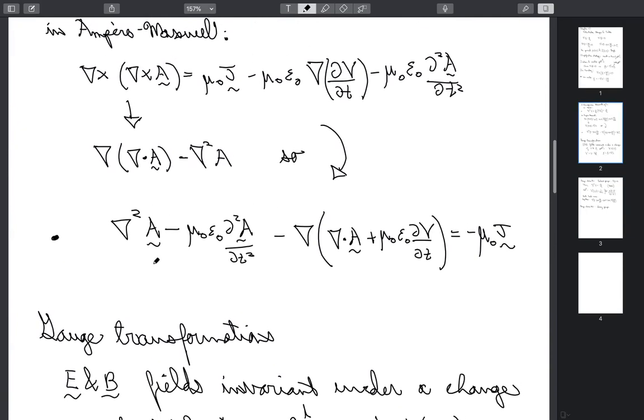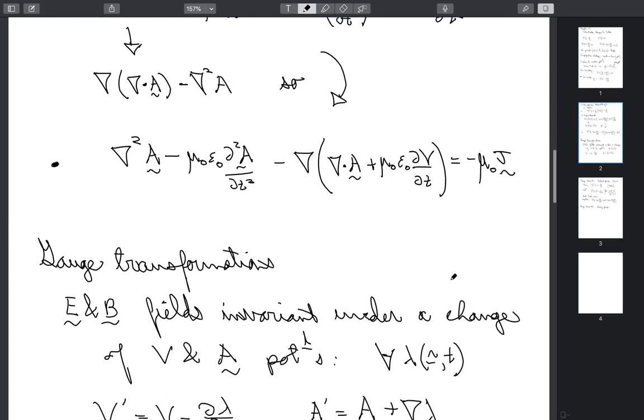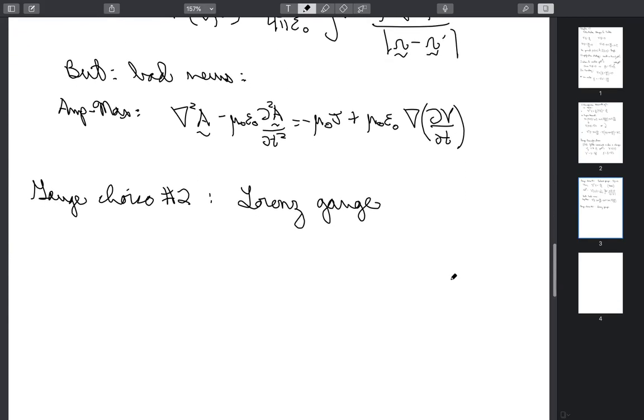You see, in the Ampère-Maxwell law here, there was this annoying term. So why don't we just set this whole thing to 0? That's the choice that Lorenz made. You choose that the divergence of A plus mu 0 epsilon 0 dV dt is equal to 0.